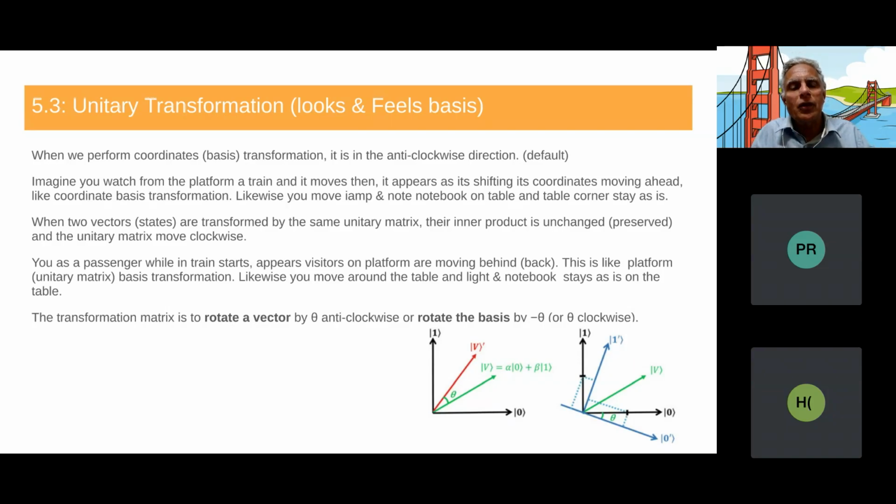Now what happens? The look and feel of the transformation is important. When we perform a coordinate basis transformation, we have studied the XYZ coordinates and all that, right? The default unitary transformation is always anti-clockwise.